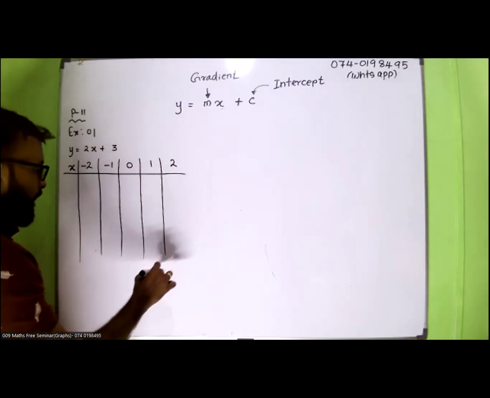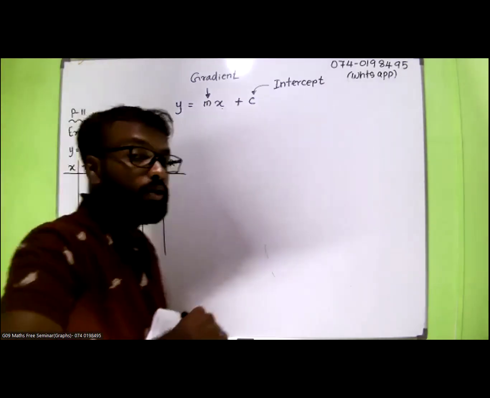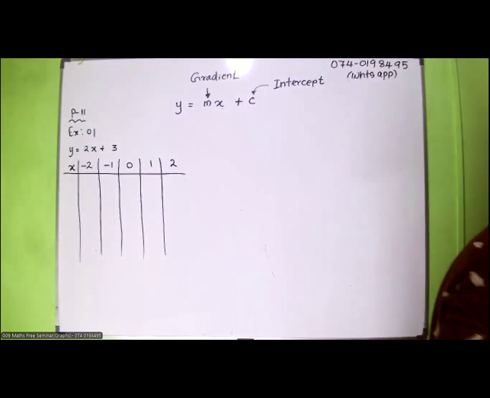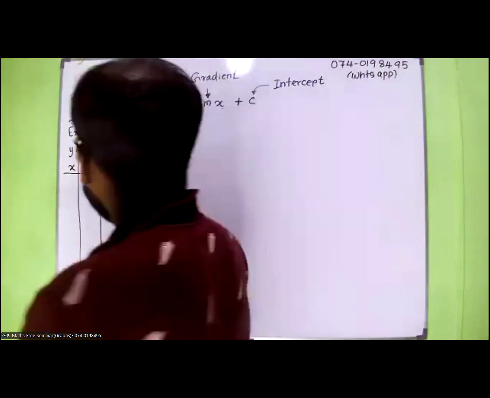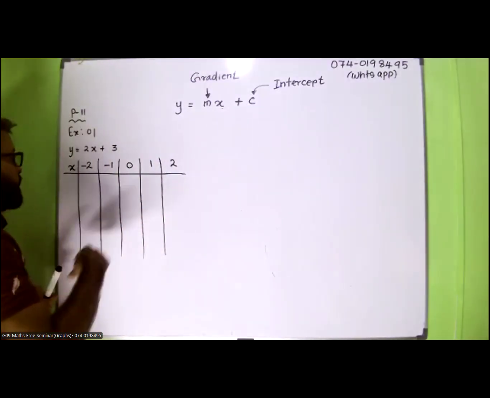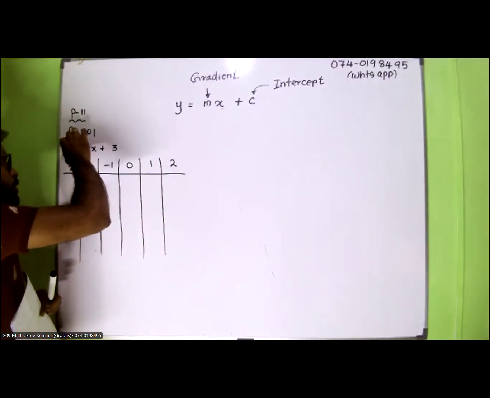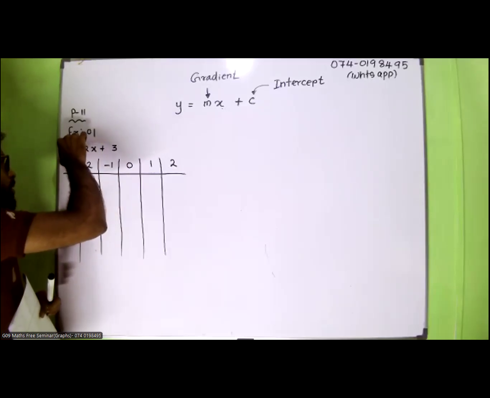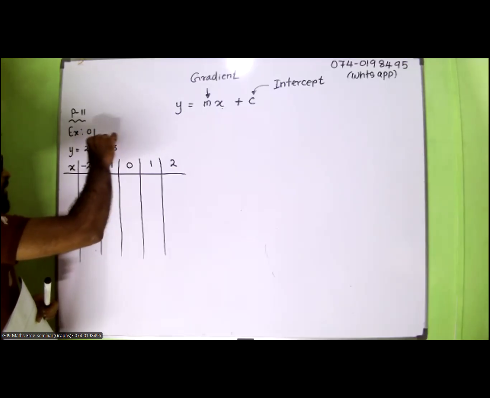Now, can you remember something that I told you earlier? You need to show the workings that you do to obtain the coordinates or ordered pairs of this function.